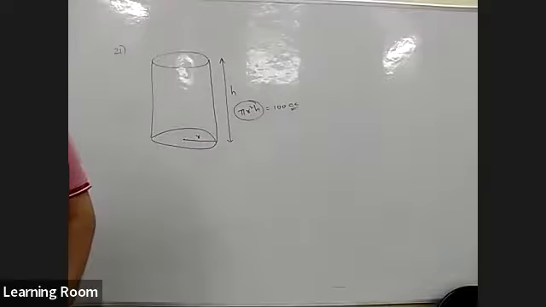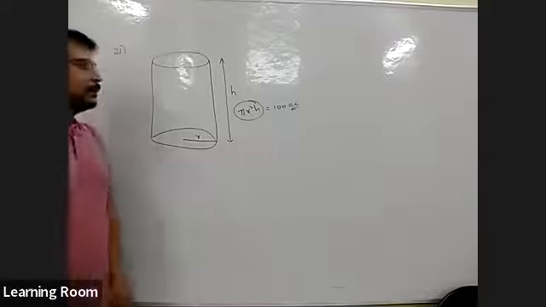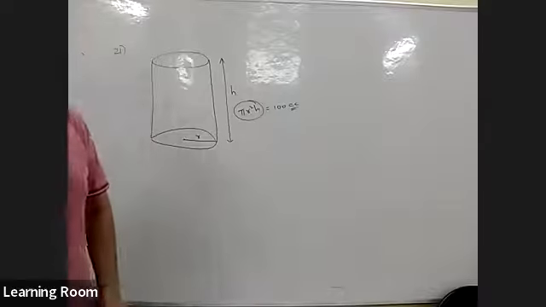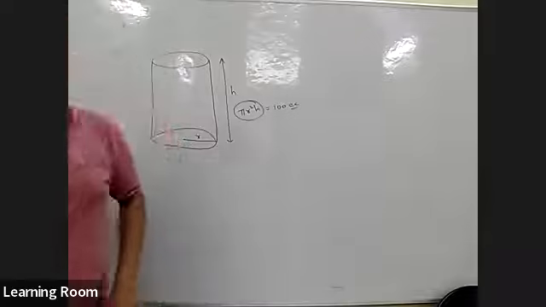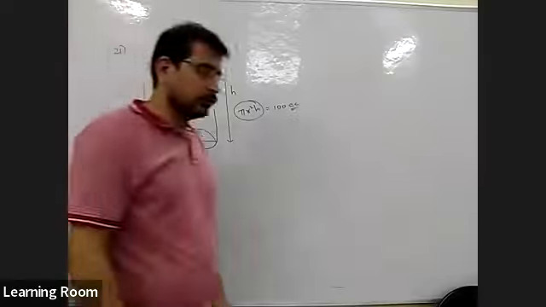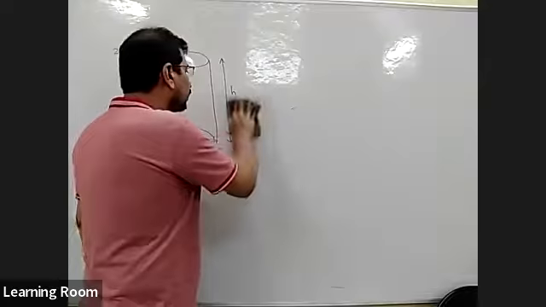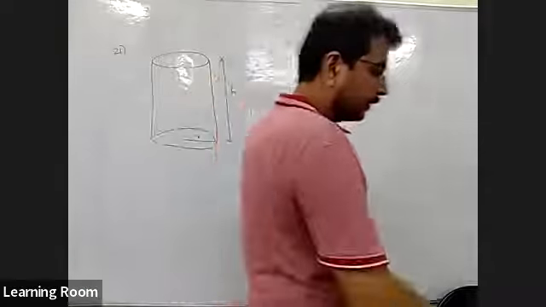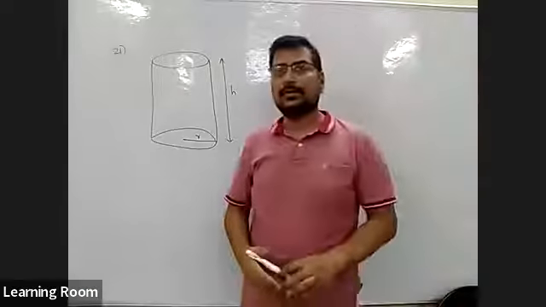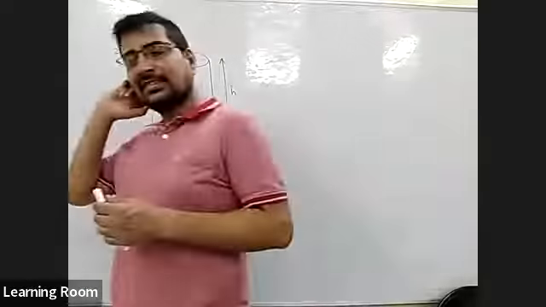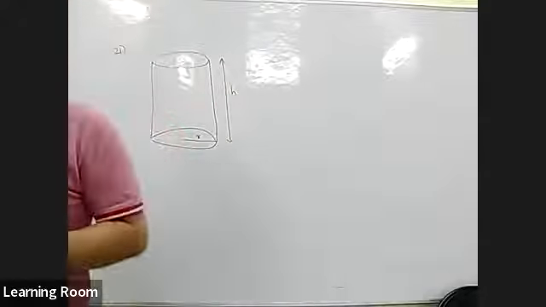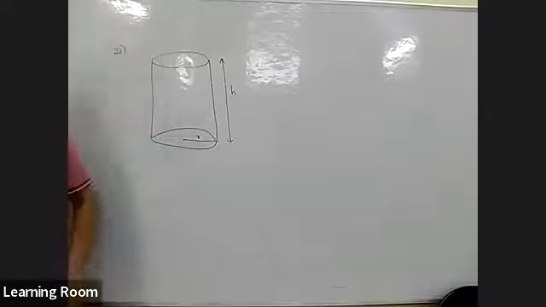Next, find the dimensions of the can which has minimum surface area. Okay, how to do this? See, suppose this is a statement based problem. Suppose they want to ask the same question in terms of a case study. Can you give me a scenario where this will be applicable?